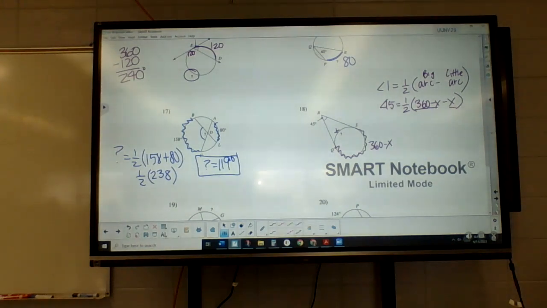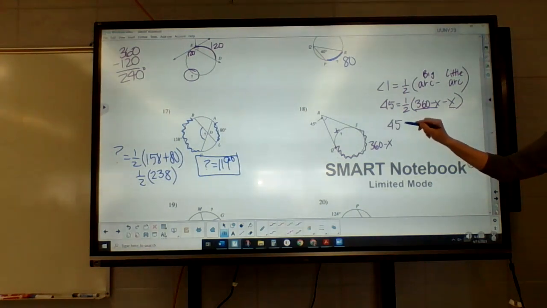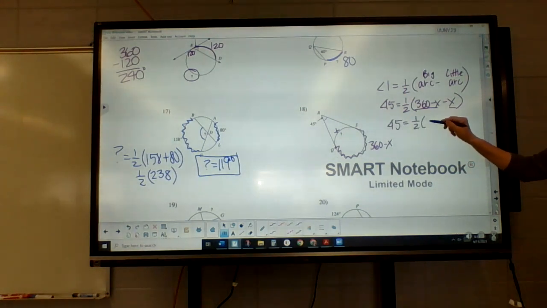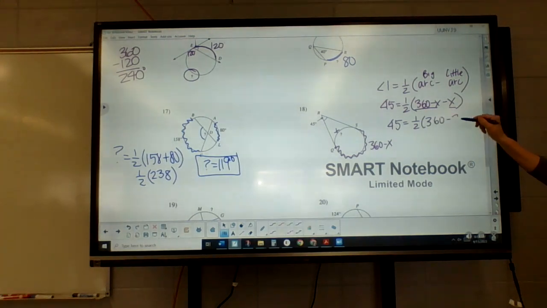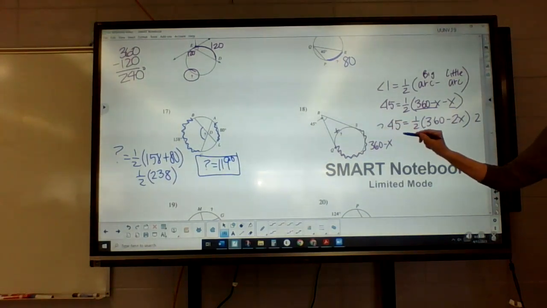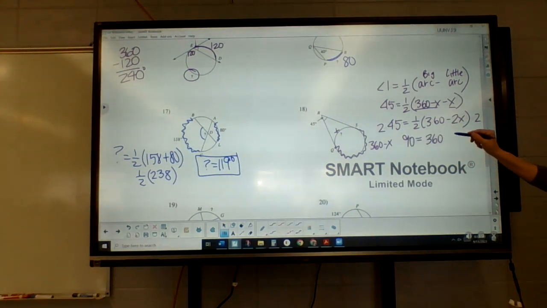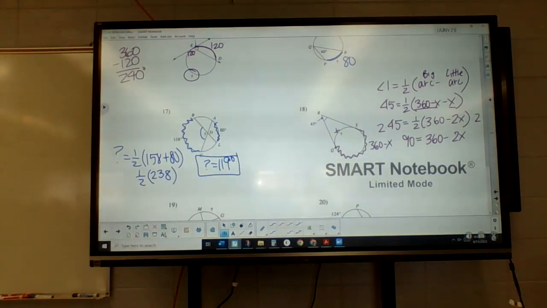Now negative x minus x is a negative 2x. Now I'm going to get rid of the half. I'm going to multiply each side by 2. I'm going to move that 360 over.